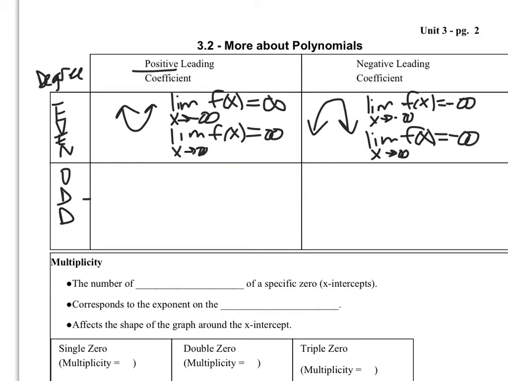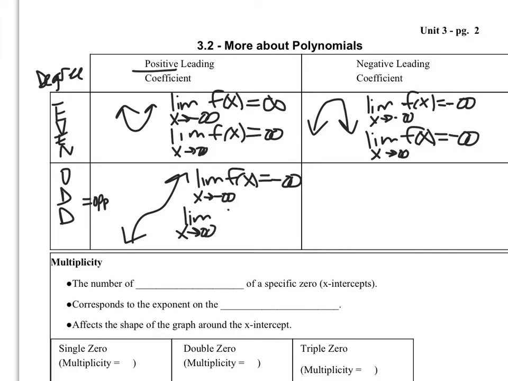Odd is opposite. So if it's a positive leading coefficient, that means overall from left to right we're going up. So what is my left side doing? The limit as x approaches negative infinity of f of x, left side goes down. But if the left side goes down with odd, that means the right side is going up to positive infinity.